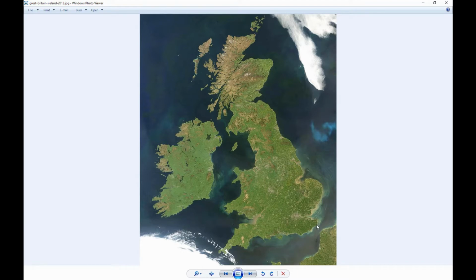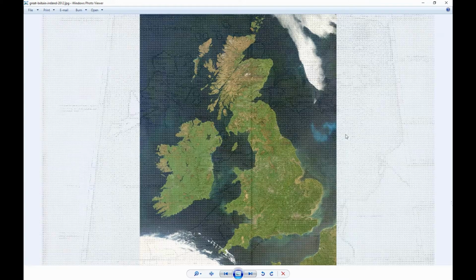You can also see how close the English Channel is, France to here, the White Cliffs of Dover right there, how close that is and how close that is. So obviously millions of years or whenever ago, this was all connected, as was the British Isles to Northern Europe.